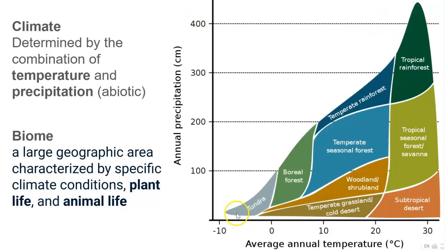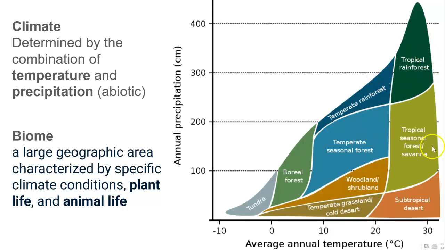Okay. On the other end of that is the tundra, where we have not very much rainfall at all, probably some of the lowest amounts of rainfall and a very low average annual temperature. You can have similar temperatures in the subtropical desert as you would see in the tropical rainforest, but the amount of water determines whether it's a rainforest or a desert. So that's kind of interesting. Okay, so the biome is going to be a large geographic area.